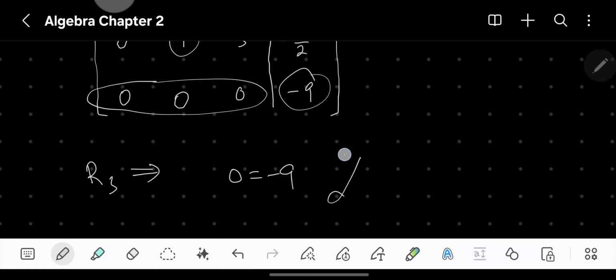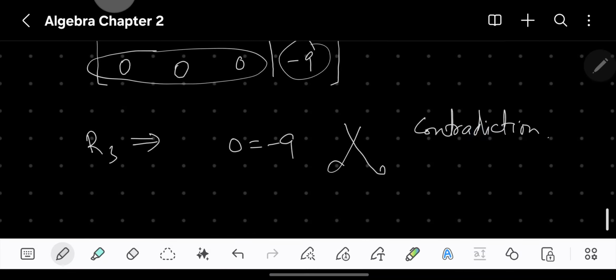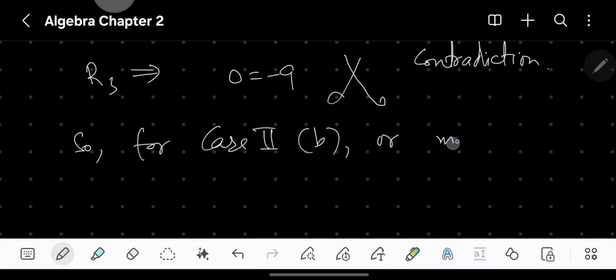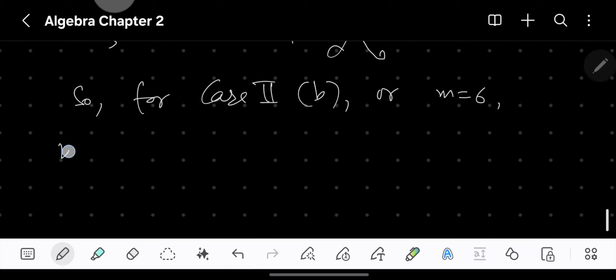This is a contradiction. It cannot happen. This contradiction says that for m is equal to 6, we have no solution. So for case 2b, m is equal to 6, we have no solution.